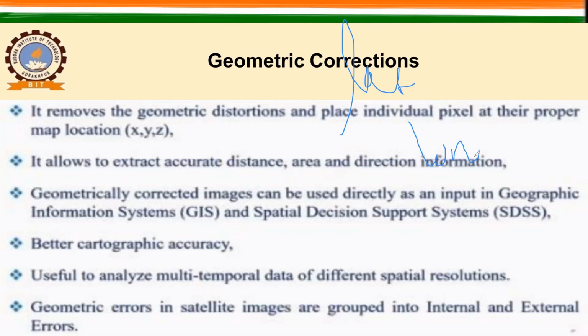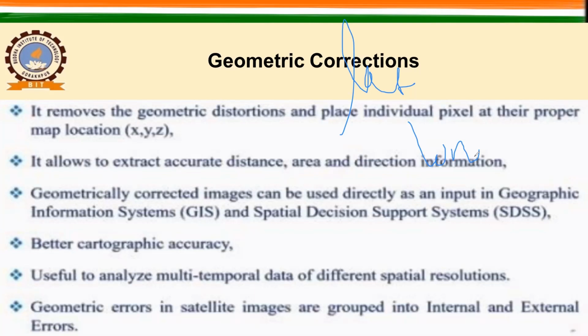Likewise you have 15 years of data. If you want to see how this campus has evolved with respect to time, then you have to overlap this image with the latest one. Then you can slowly see how this campus is evolving itself.